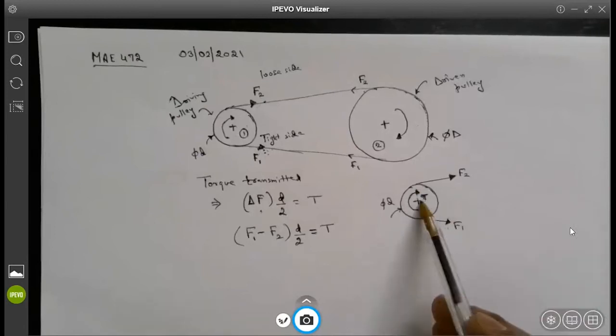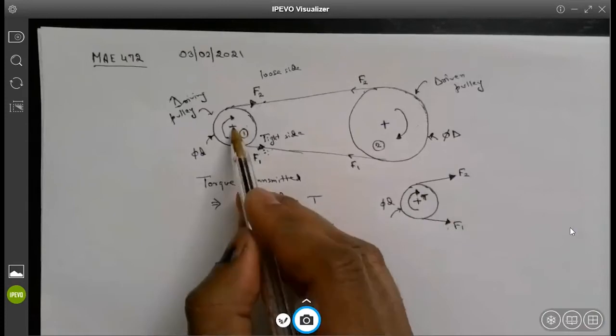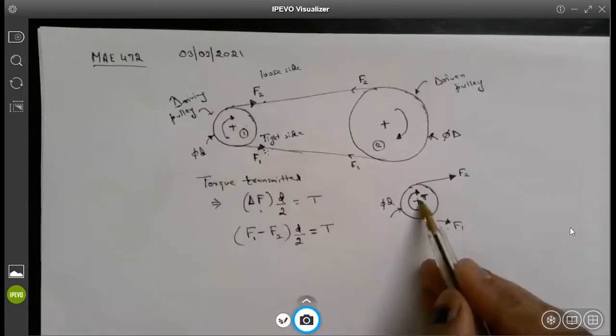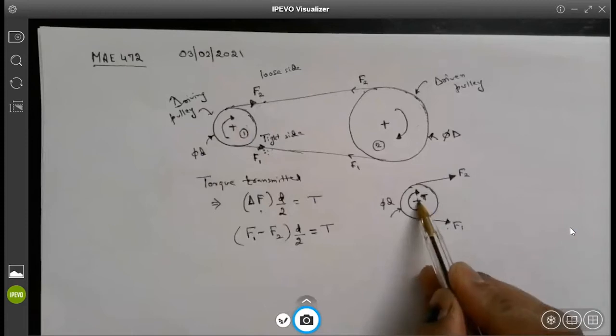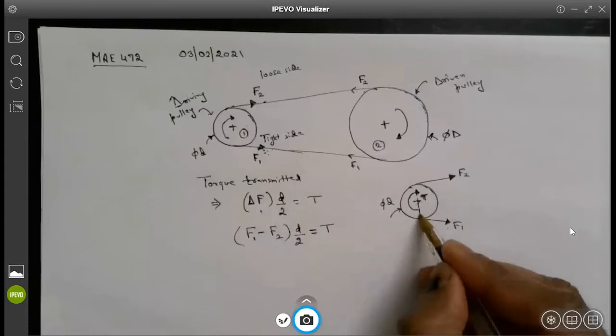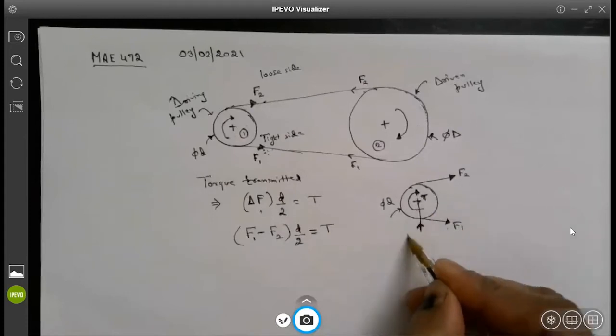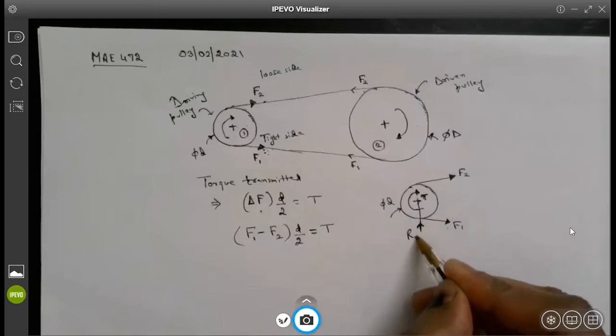Of course, there are some reactions here from the mounting pin wherever the pulley is mounted, so there will be some reaction forces. I'm not drawing the reaction forces at this point, I'm just drawing the torque. But just for the sake of completeness, let me also say the reaction forces Rx, Ry.